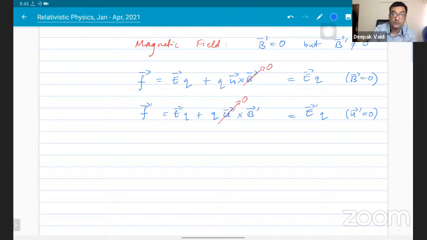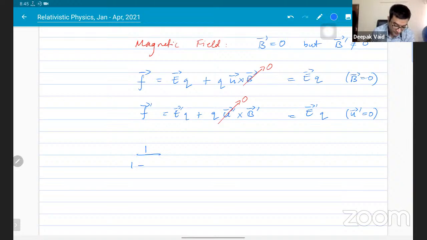Right. So now what happens in this case? Let's see. For this, we will need to use one more expression.